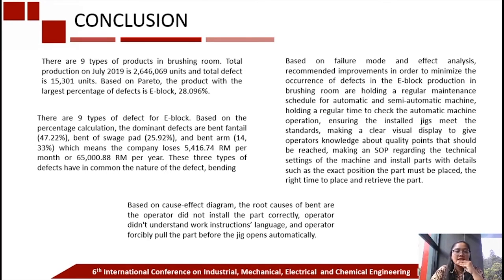These 3 types of defects have in common the nature of the defect: it's about bending.